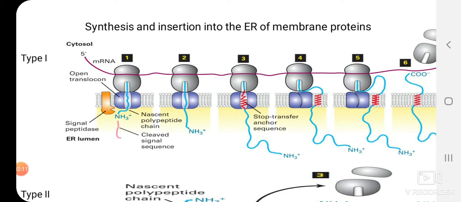As soon as these amino acids get into the channel of the translocon, they get into a helical form or get stuck there itself.